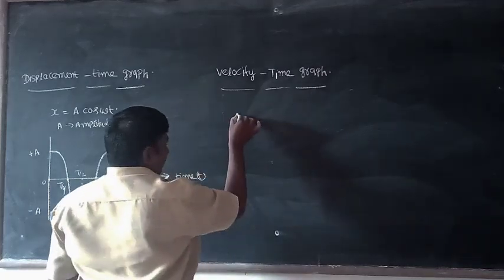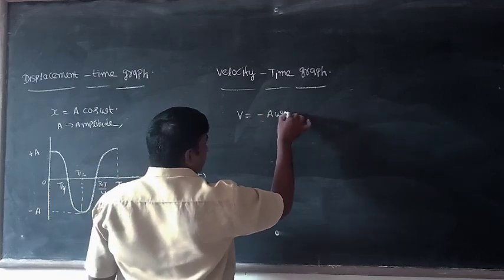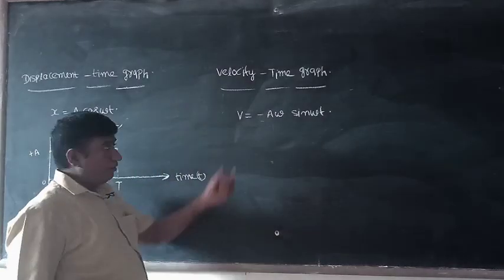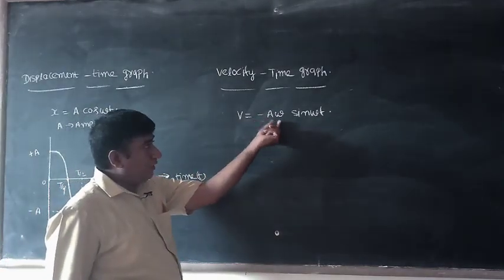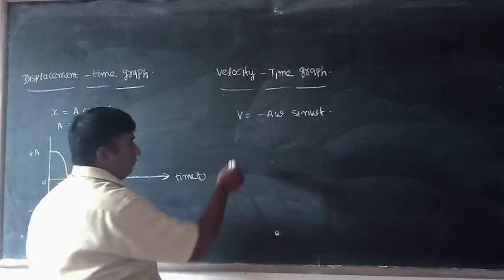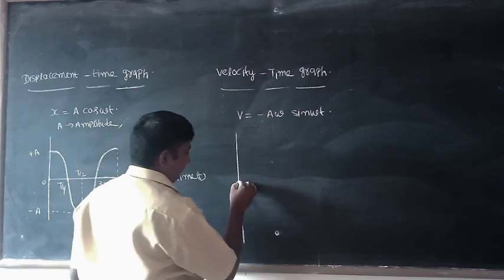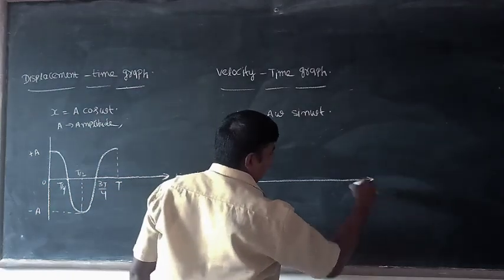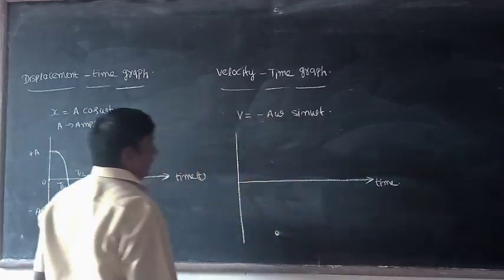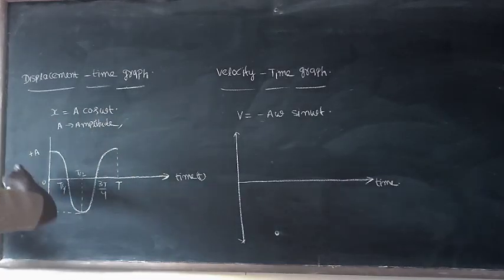So in the velocity time graph, which we have proved, v is equal to minus a omega sine omega t. With the help of this, this is time, this is velocity, and here is the displacement.